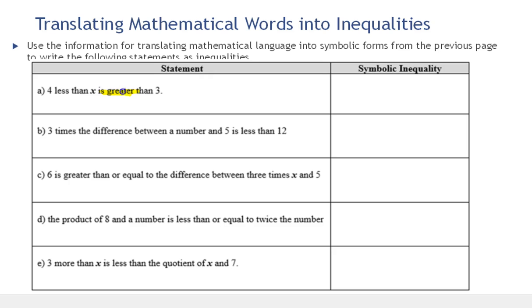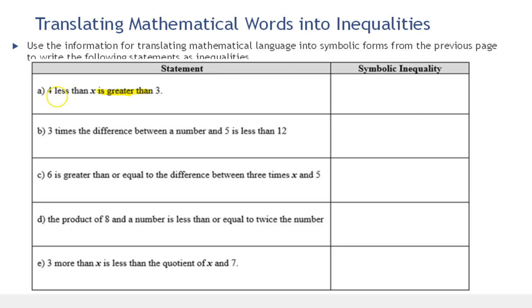So we're going to start these by locating the comparative. We'll look for the word is, and in this case we have is greater than. Then we're going to have the left-hand side of the inequality and the right-hand side of the inequality. So on the left-hand side, notice it says 4 less than x.